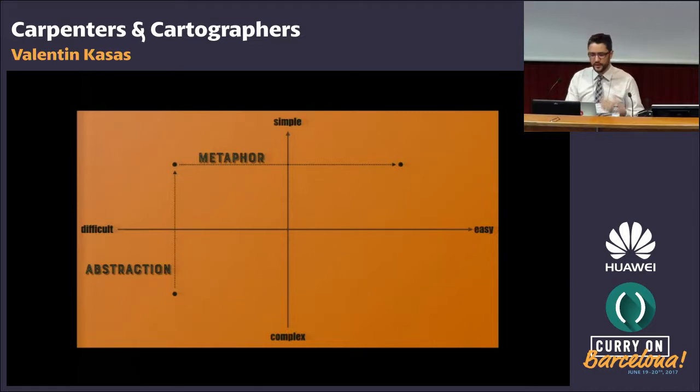So, by the rules of composition, should we understand that we have found some kind of holy grail that takes things that are difficult and complex into things that are simple and easy? That should be cool, right?